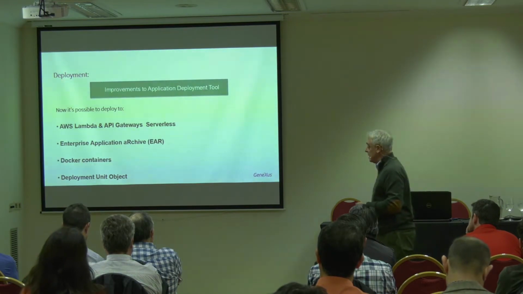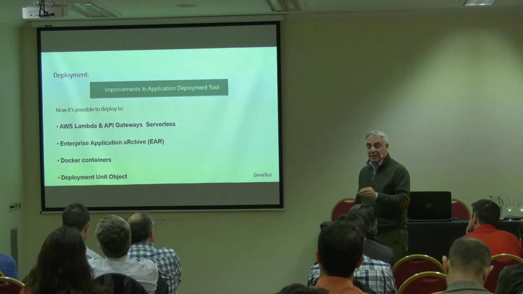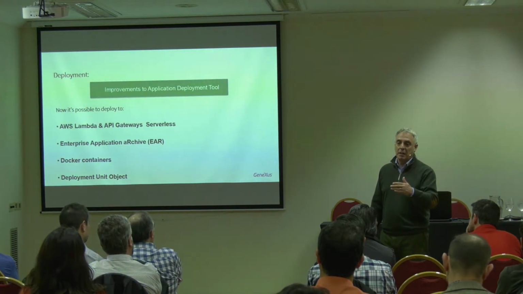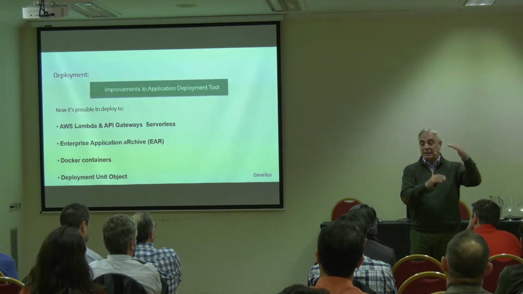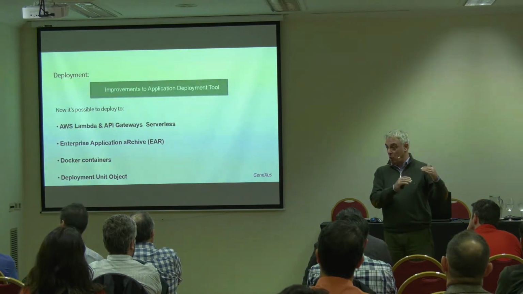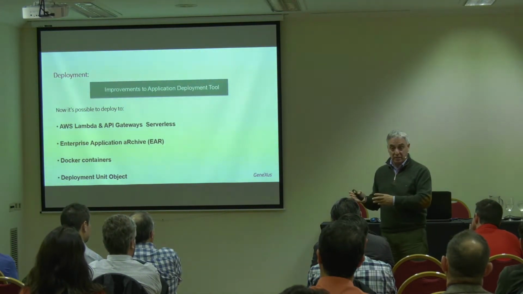And then the deployment unit object that allows us to group deployments in a new object called a deployment unit. It used to happen that whenever you wanted to make a deployment of a certain part of the app, for instance, services or web, we didn't have a way to save all that to use it later.